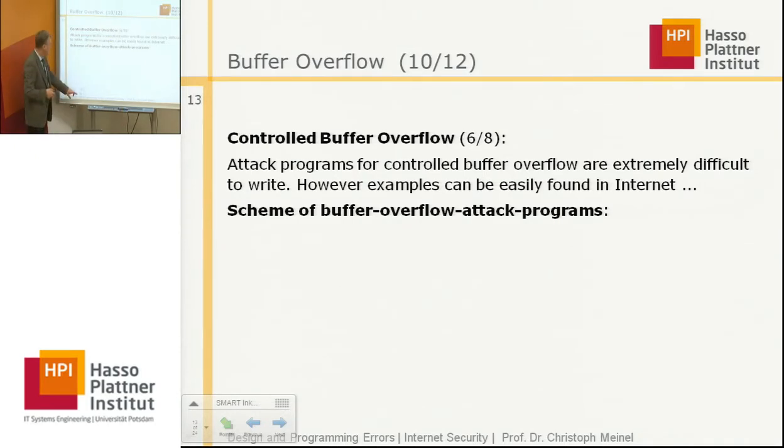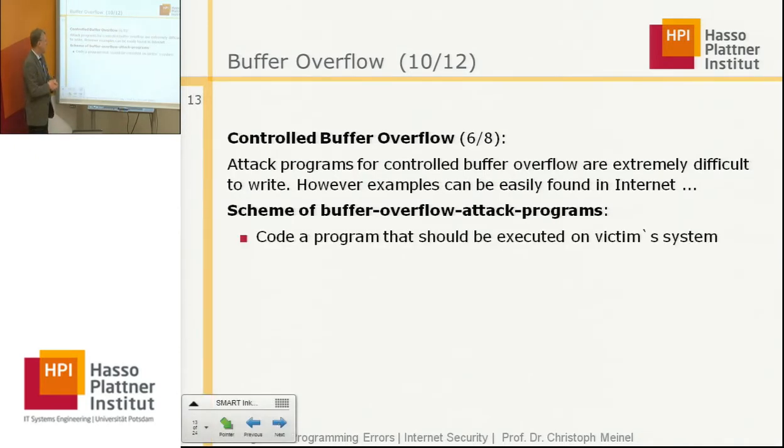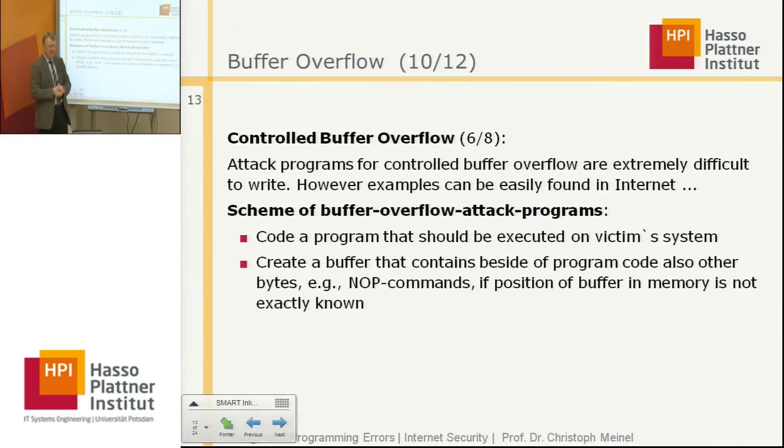So here's a scheme of the buffer overflow attack program. Code a program that should be executed in the victim system, then create a buffer that contains, besides the program code, also bytes, for example NOP commands, if the position of the buffer in memory is not exactly known.